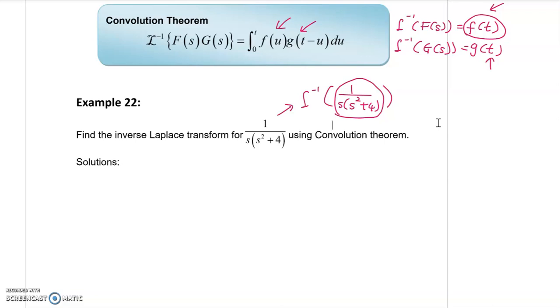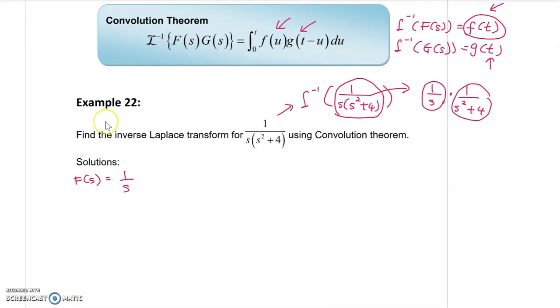By the convolution, we take F(s) to be 1 over s, because this term is actually 1 over s times 1 over s squared plus 4. The first term is F(s) and the second term is G(s).